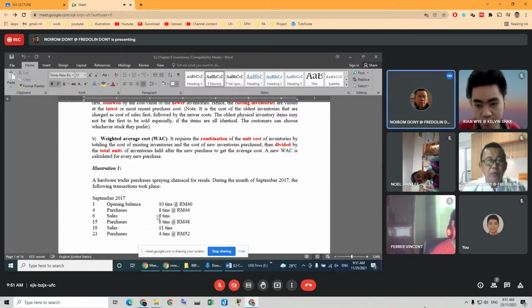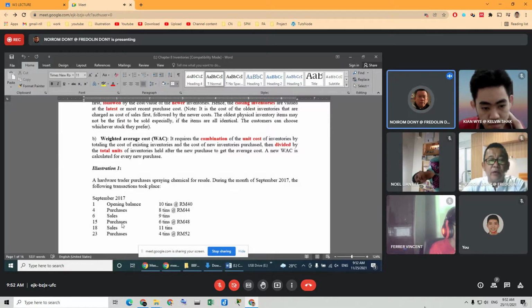So we want to decide which of these two different prices we are going to charge on the 9 that are being sold. So that's why we have first in, first out, and weighted average.